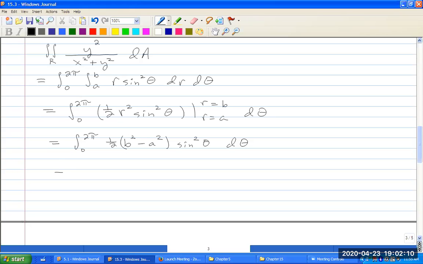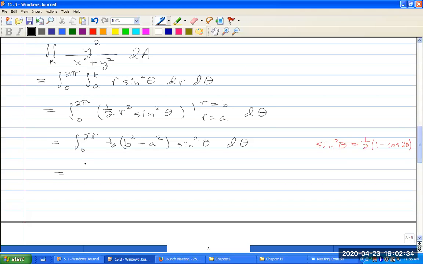Well, I know that sine squared is one-half of 1 minus cosine 2 theta. So let me use that fact.